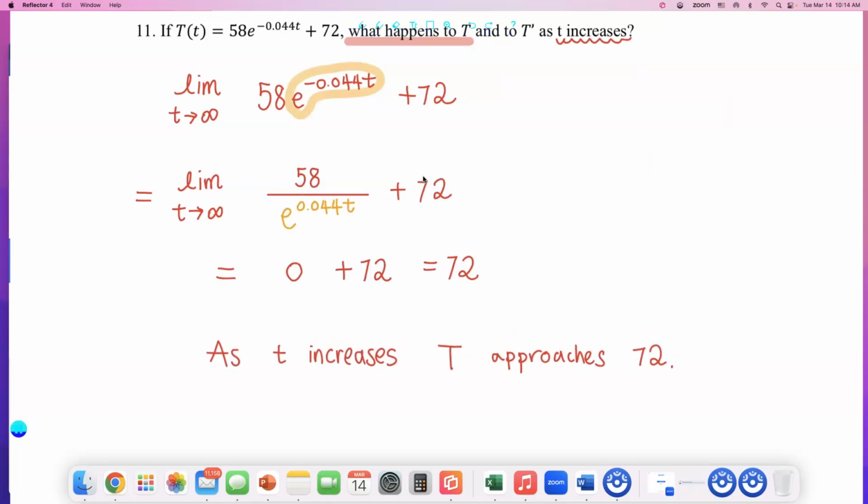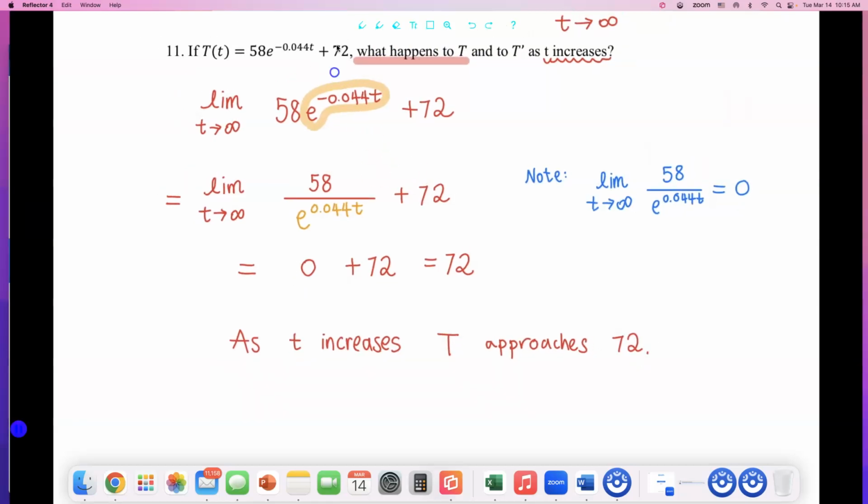And I may be able to make a note over here that I know that the limit as t approaches infinity of 58 divided by e raised to the 0.044t equals 0. I'll make a little note like this. Okay, and using that note, we got the limit of that original big T to be approaching 72.